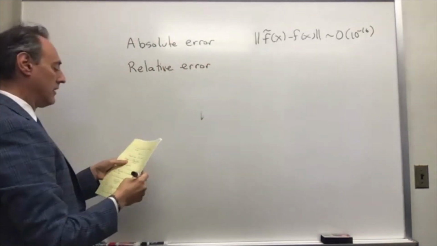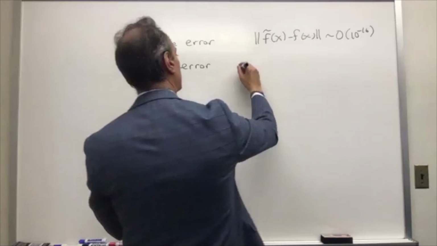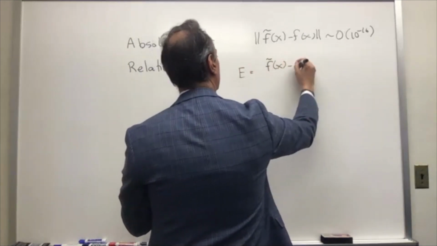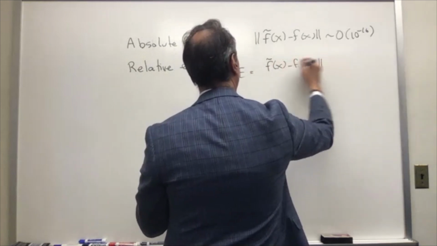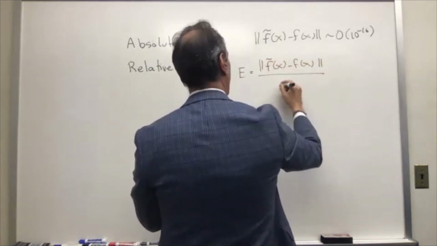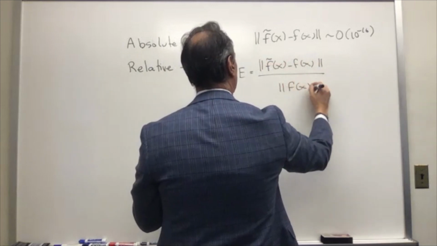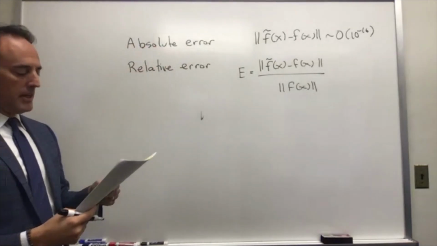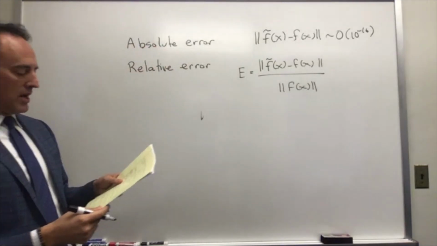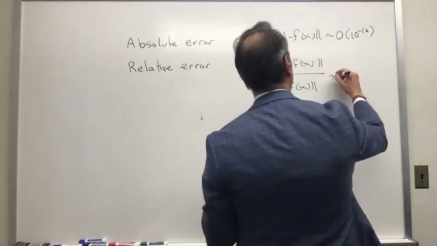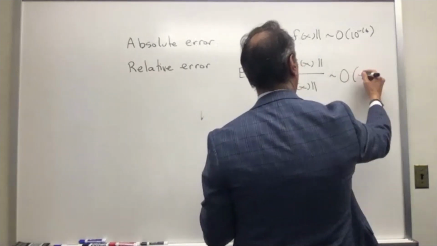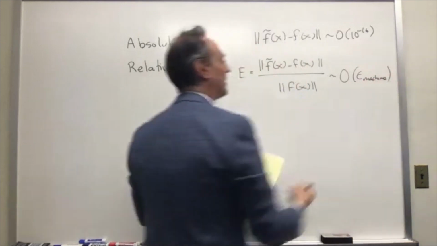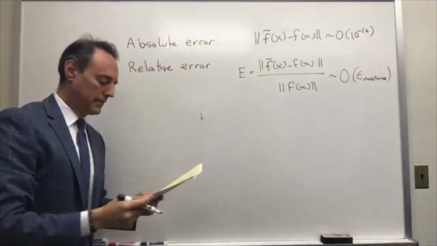The relative error looks something like this. It is again this difference, but now it's normalized by the actual value of f of x. And again, a good algorithm is one where this thing here, another way to represent that is epsilon machine. Machine epsilon just means you're down at 10 to the minus 16.